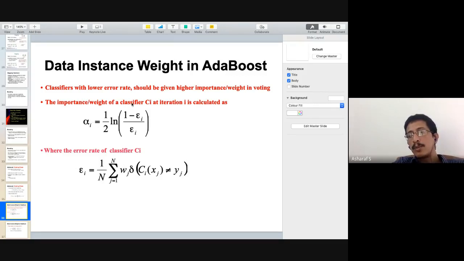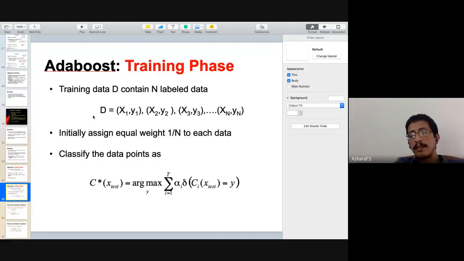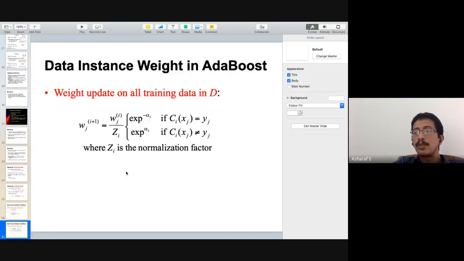From the error rate, you can compute the weight of the classifier. You get the corresponding C, and from C you again update the weights, and you keep moving.